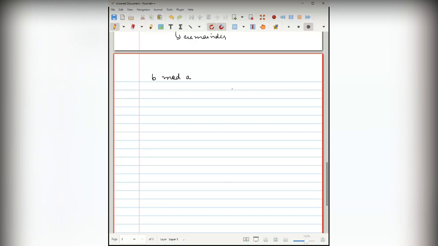So if B mod A is equal to 0, we say that A completely divides B. Or we can also say B is a multiple of A. Let's take an example. 20 mod 4 will be equal to 0, right?